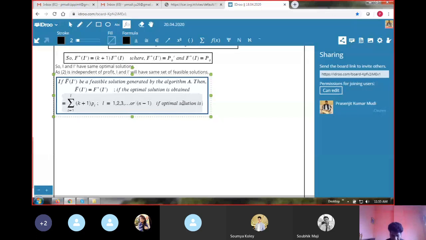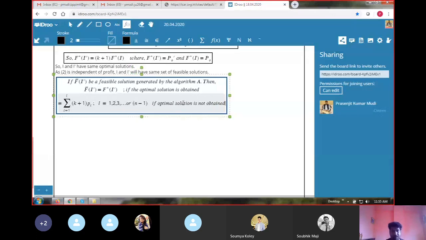So if the optimal solution is not obtained, this is the model.